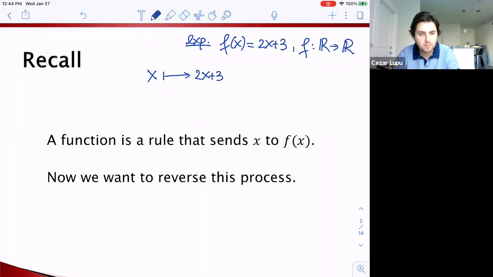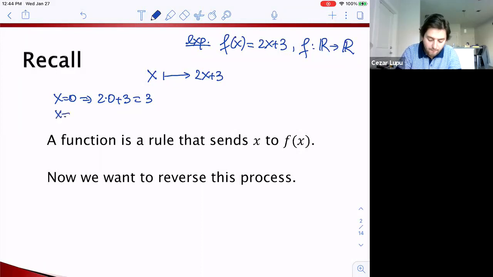So this is what I mean. You take x and you send it to 2x plus 3. For example, if you take x equals 0, this gives you 2 times 0 plus 3, which is 3. So the number 0 is sent through my function f to the number 3, and so on. You can plug in -1: you have 2 times -1 plus 3, which is 1.